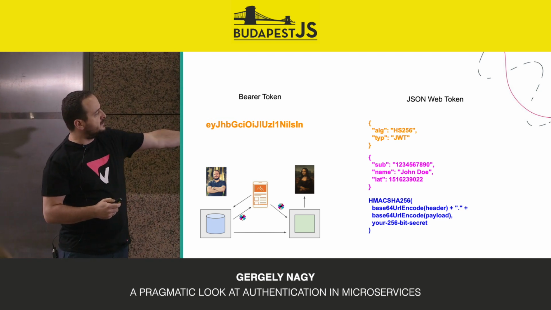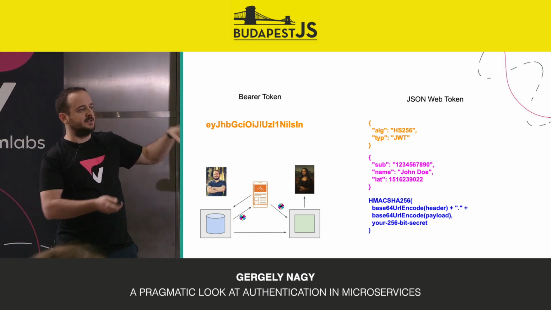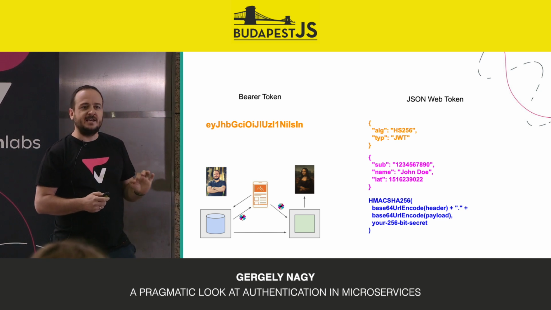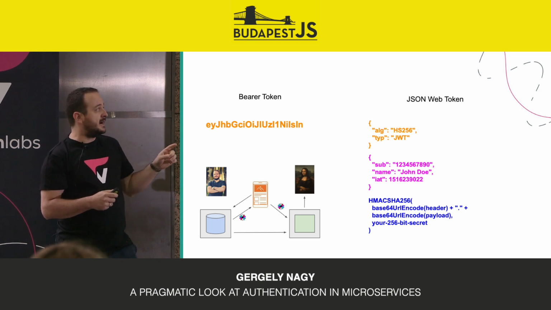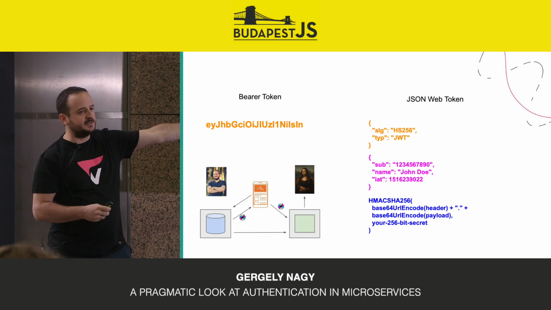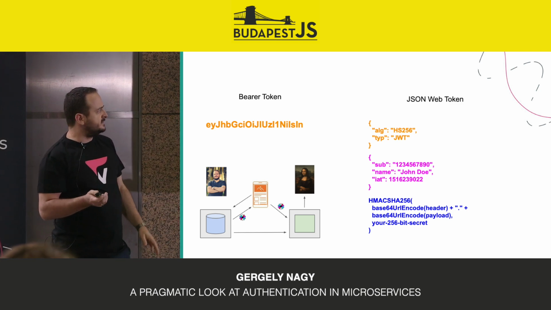So you could ship down to your backend services things like the user's name, or roles, or application data. And then the final part of the JWT token is a cryptographic signature of the two previous sections. So it's not encrypted, but it's signed. You can decode it, you can read the contents, but if you change anything above, it would mess with the security signature, and you could detect that it's been messed with.